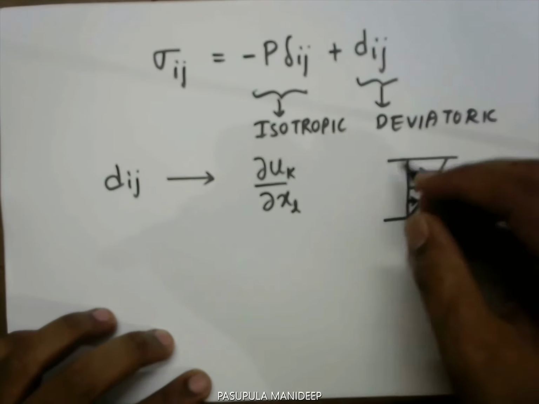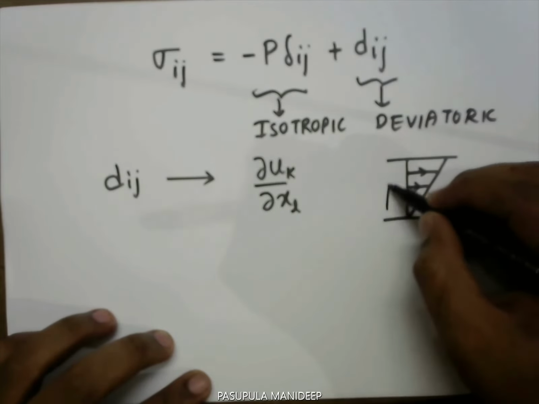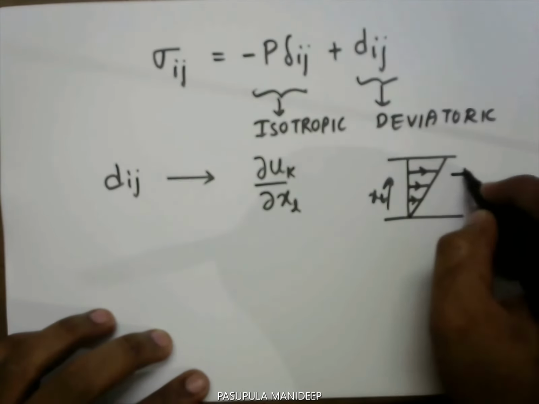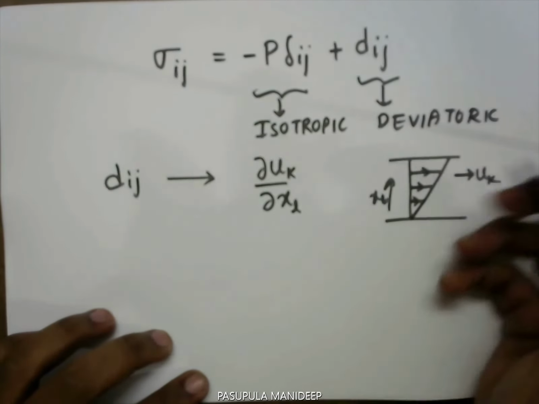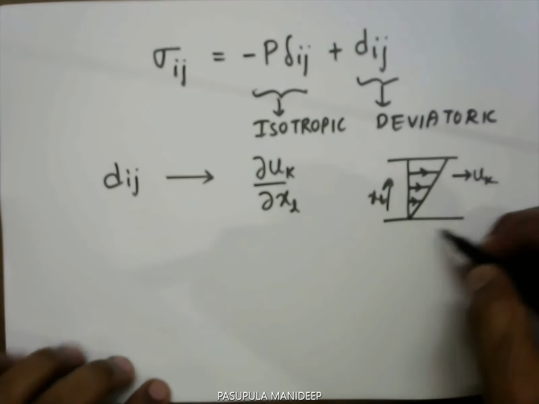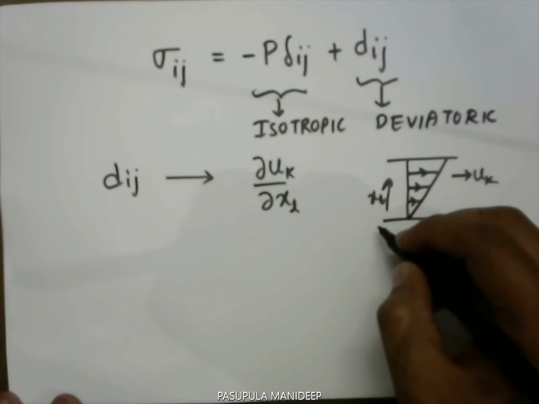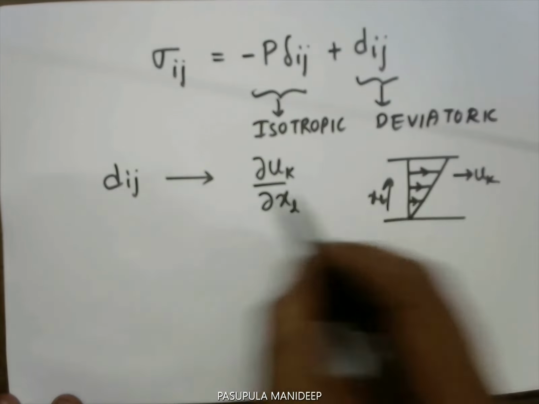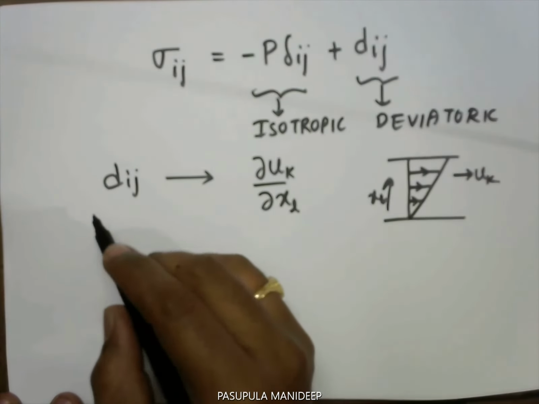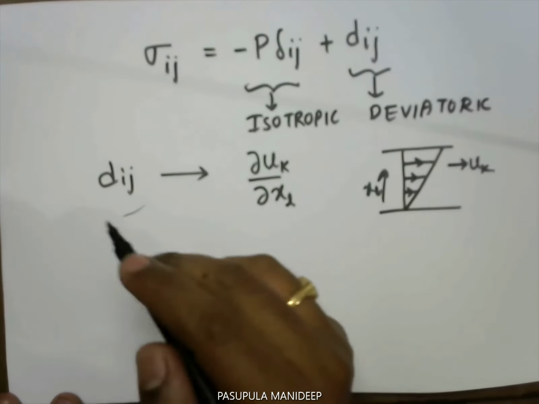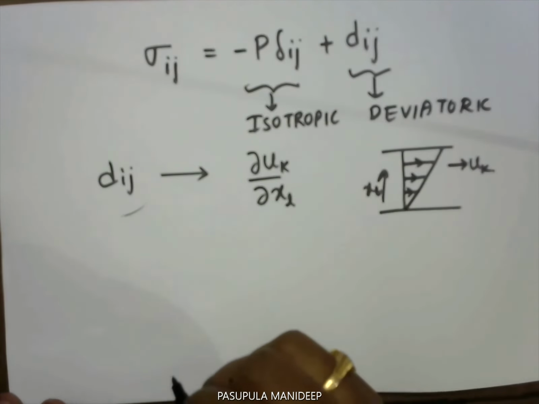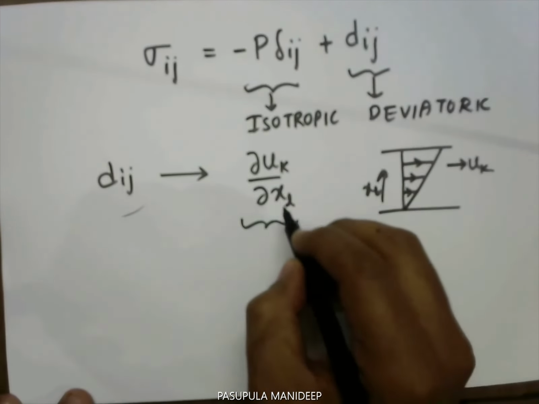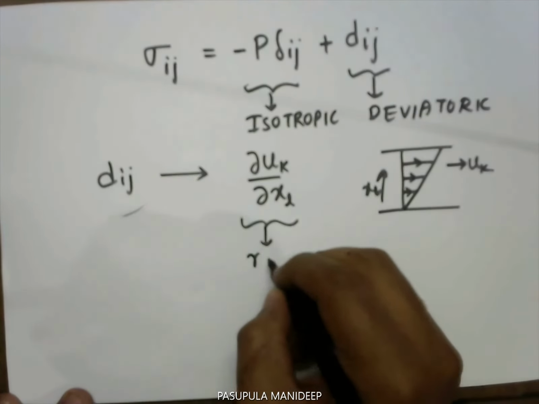This is the direction x_l, and this is u_k, so how u_k is increasing in the x_l direction. All the motion-related things can be related to the deviatoric component, right? So del u_k by del x_l represents the rate of deformation tensor.